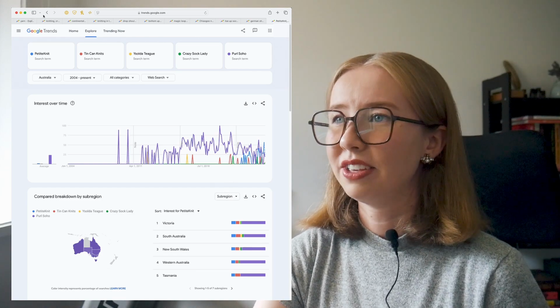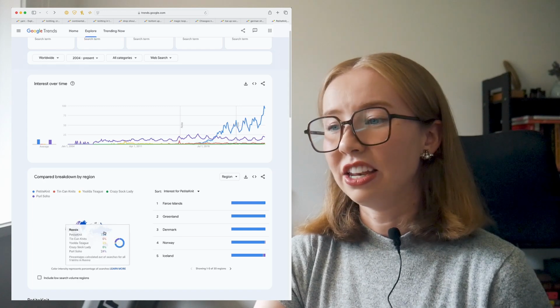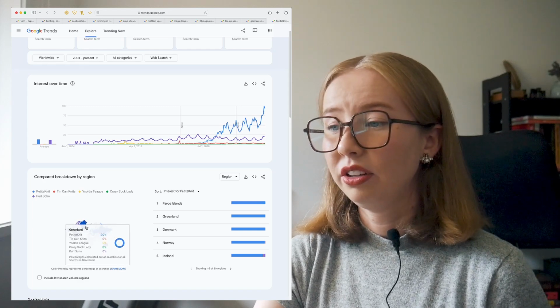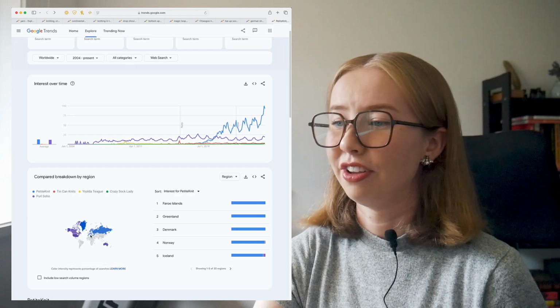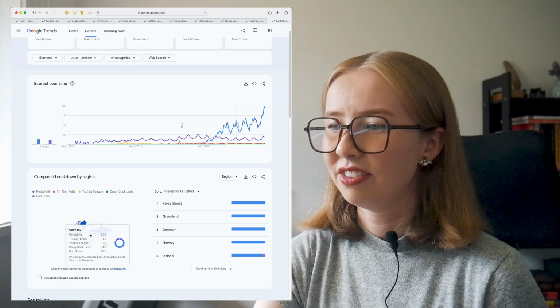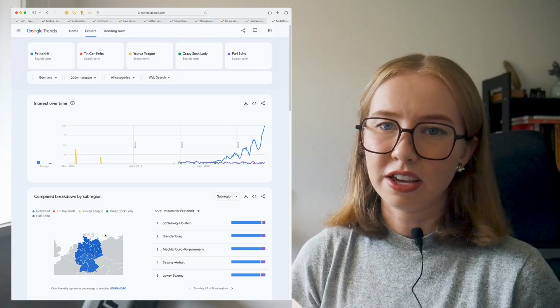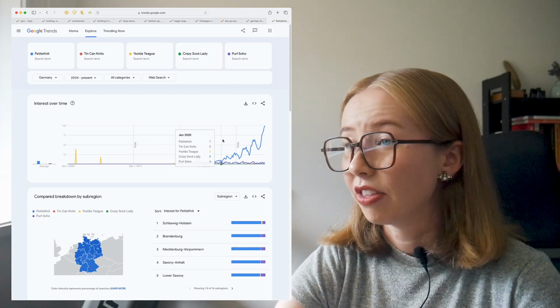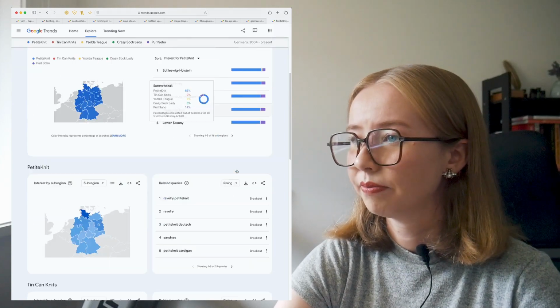I think in a couple of years' time, that's going to change. Whereas in Europe, Russia, Petite Knit is taking all of the searches. So let's have a look in Germany, for example. It's even stronger favor of Petite Knit. Some of the others get barely any search traffic from some of these European countries.